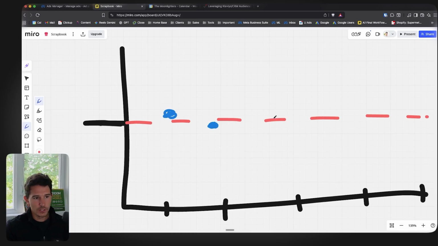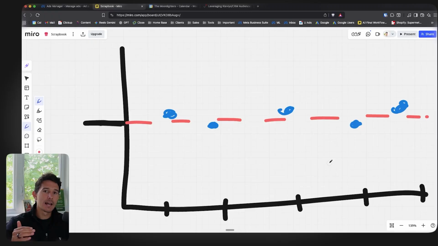So they should be floating more frequently closer to the line. The variable now, instead of flat spend and variable CPA, you should have flat CPA and variable spend. Just make sure that's very, very clear to everyone. When you set a cost cap, you're no longer controlling for spend, you're controlling for cost cap. You're controlling for an average cost per acquisition.